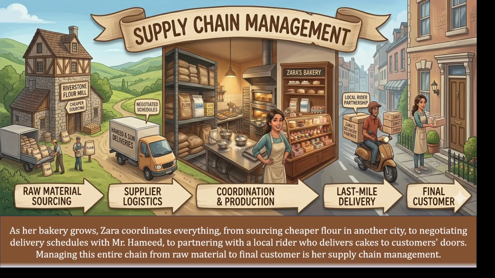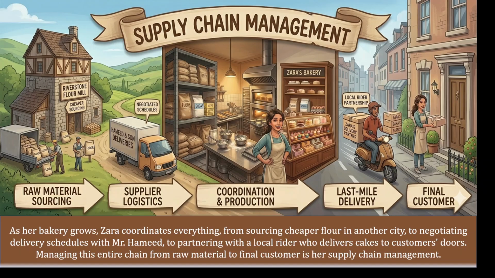Managing this entire chain, from raw material supplying, coordinating with Mr. Hamid for deliveries, to producing stuff, to coordinating with a local rider, including the product reaching the final customer, all of these things are called supply chain management.